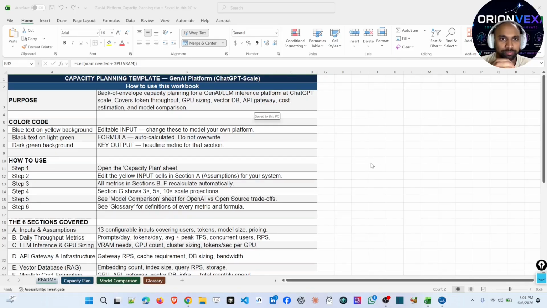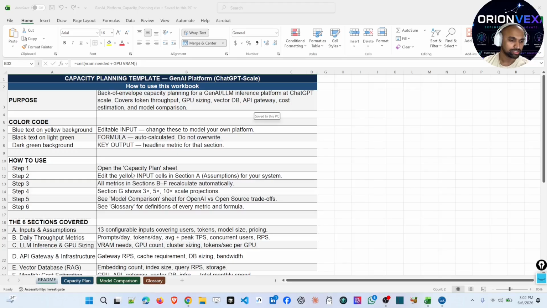Let's deep dive into the capacity planning of a generative AI platform. This is a part of the system design of any such platform. First, I'm going to discuss a few details about this capacity planning, what we are going to do.